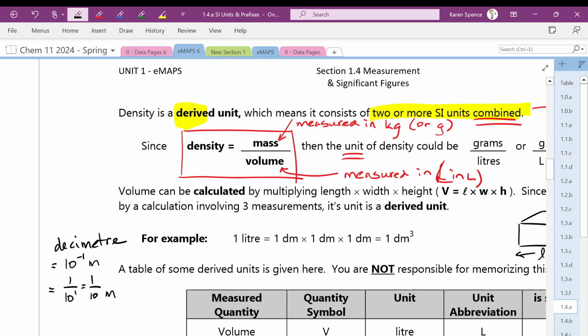So what I would like you to do is I would like you to think this is a meter. I would like you to show me either with both hands or just one hand. How big is 1/10 of a meter? How big is 1/10 of a meter? Show your partner.